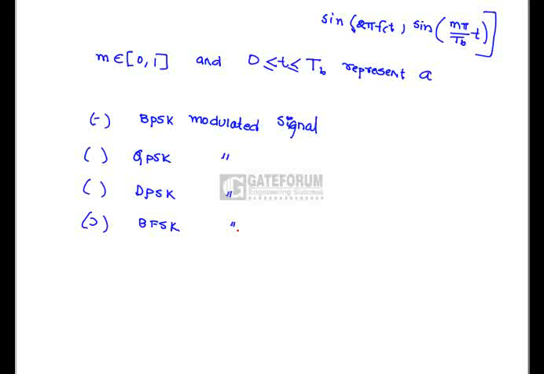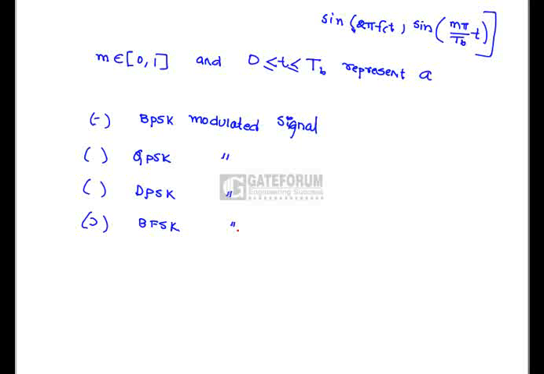If EB, TB and FC respectively denote bit energy, bit duration and the carrier frequency, the signal is s of t equals under root 2EB by TB, bracket cos of 2 pi fct cos of m pi by tb into t minus sin 2 pi fct sin m pi by tb t, where m takes values 0 and 1, and t limits are between 0 and tb.